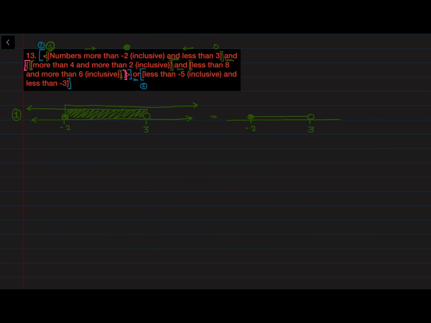Then let's look at the second green over here. Over here, we're looking for numbers more than 4 and more than 2, and 2 is inclusive. So let's draw the number line. We have 2 and 4. We're looking for numbers that are more than 4 and more than 2.